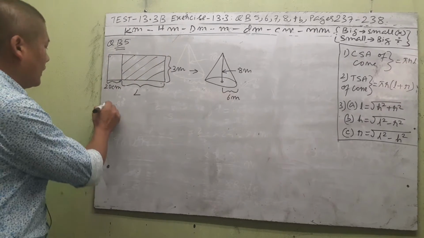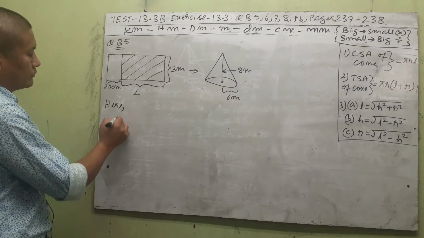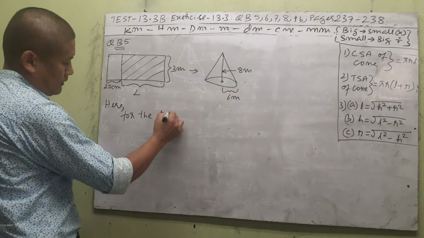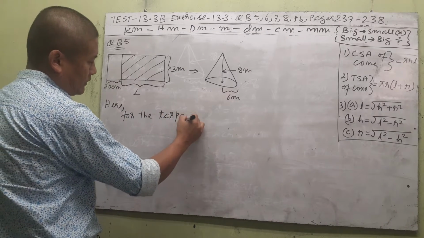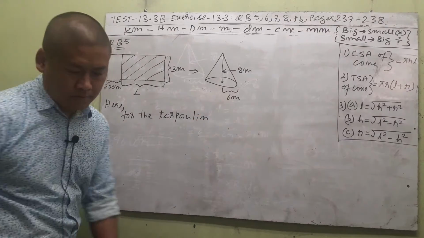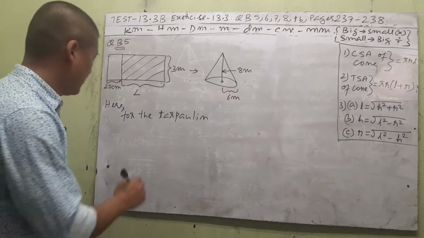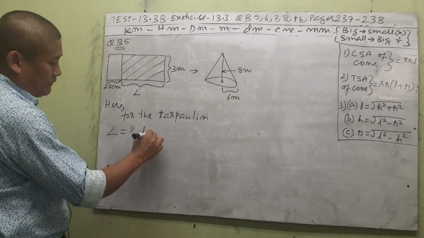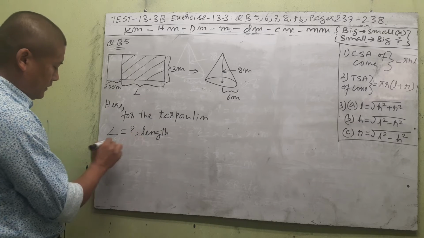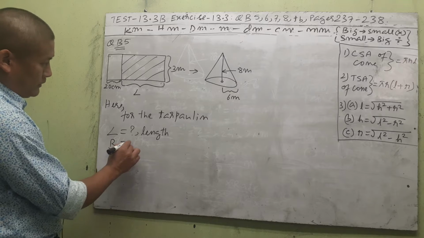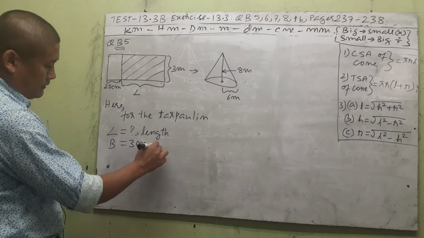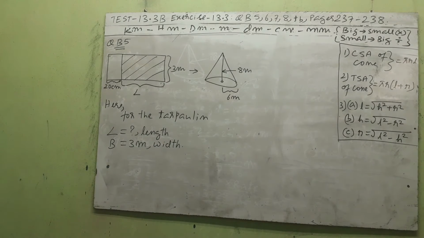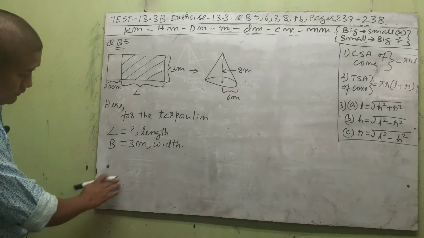So here for the tarpaulin, length L is question mark, that we have to find how long, and the width B here is 3 meter, the width, and the tarpaulin shape that we are going to have to make is that one.